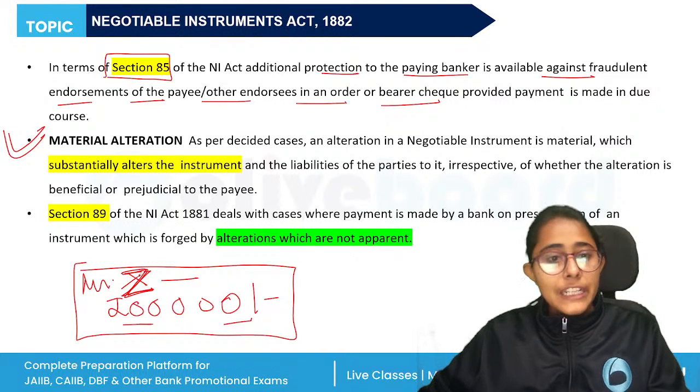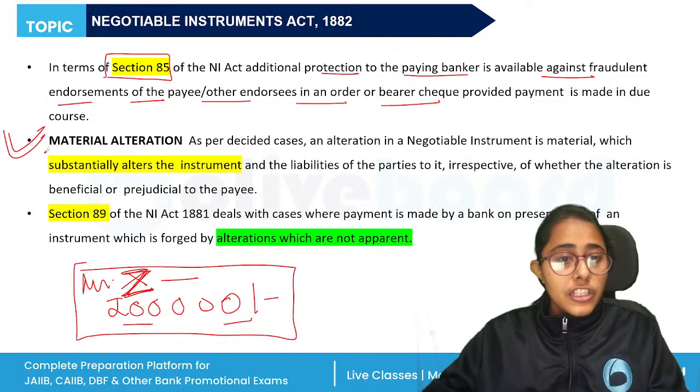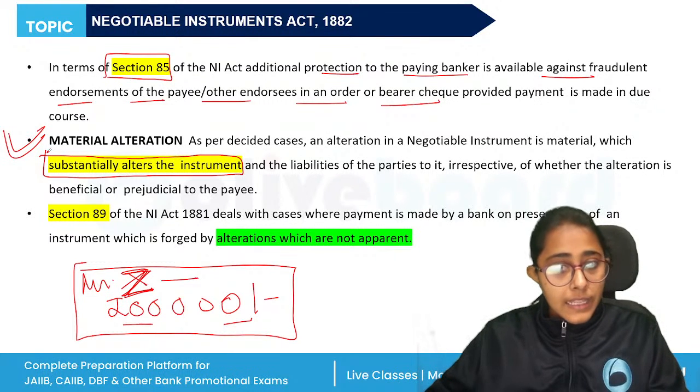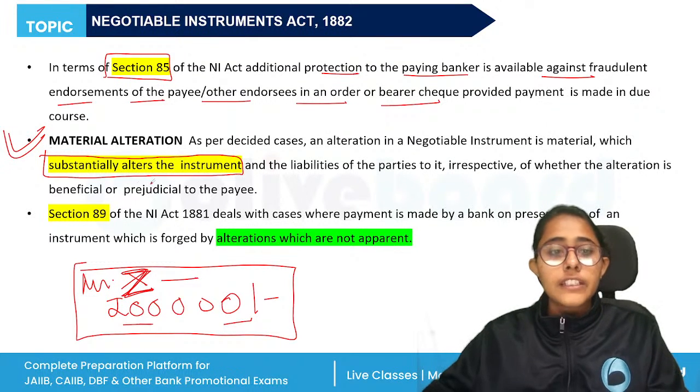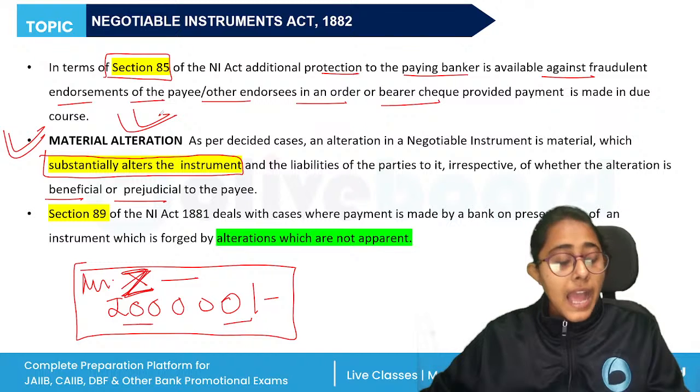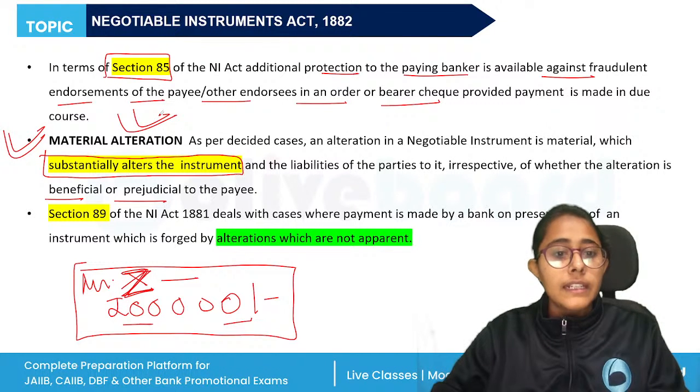So whenever any alteration substantially alters the instrument and it is without the knowledge of all the parties involved, then irrespective of whether the alteration is beneficial or prejudicial, it will be known as a material alteration, and it will be termed a fraudulent activity.